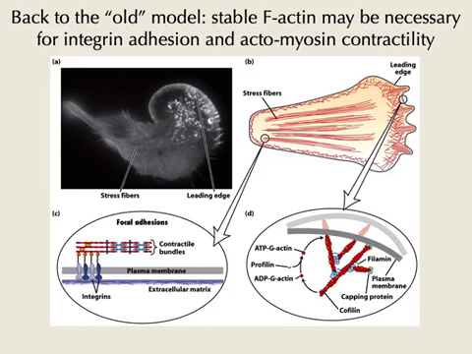So we've seen what happens here at the leading edge, and those anchors often involve a more stable actin cytoskeleton, including these contractile bundles. What this is representing here are actin filaments and myosins, with the two hands like myosin 2.